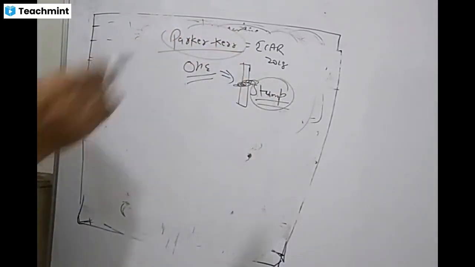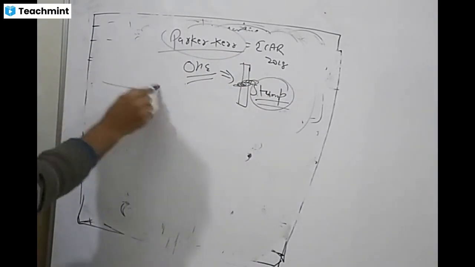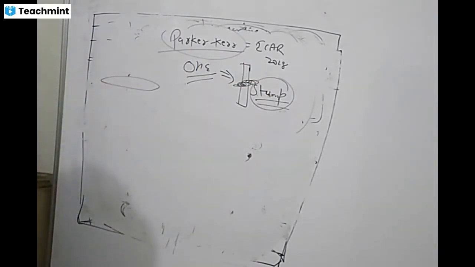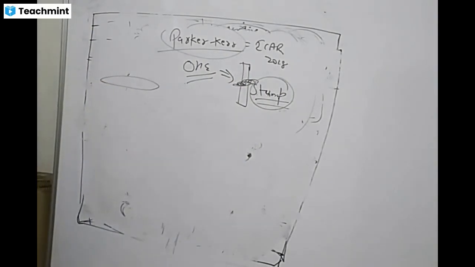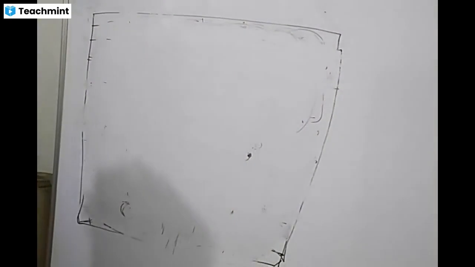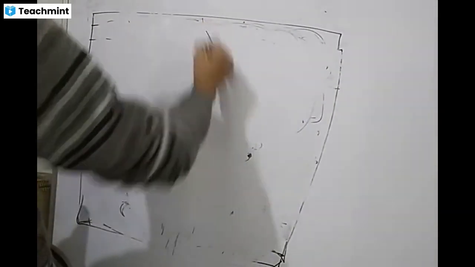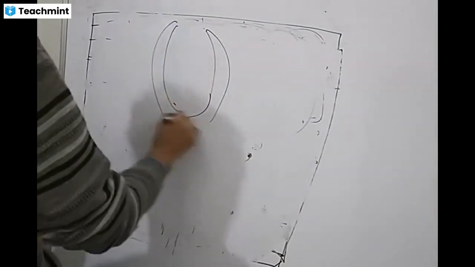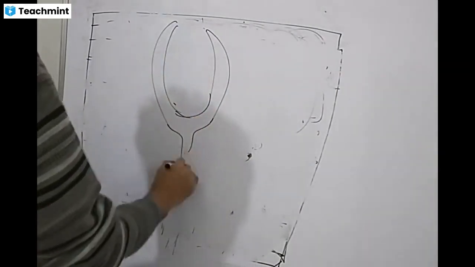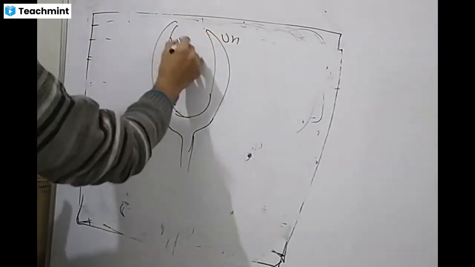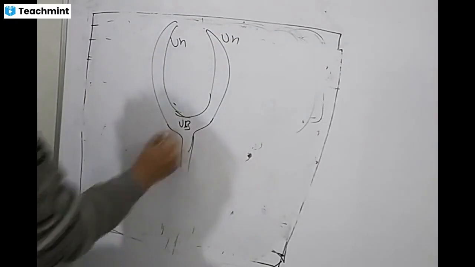How is it used? Suppose these are the uterine horns, and this is the uterine body.